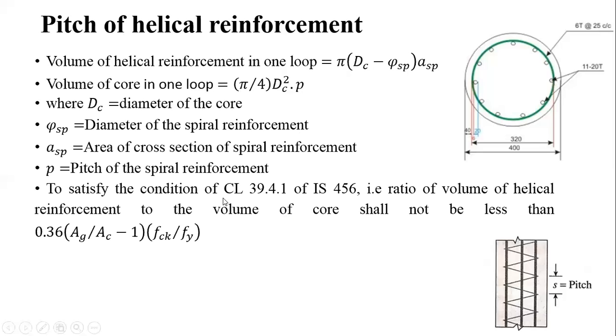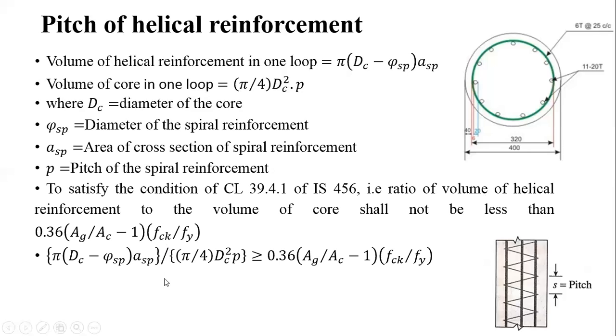Now, to satisfy the condition of clause 39.4.1 of IS 456, the ratio of volume of helical reinforcement to the volume of core shall not be less than this value. So this is the code requirement for circular columns.